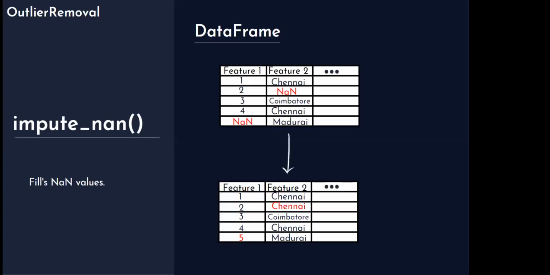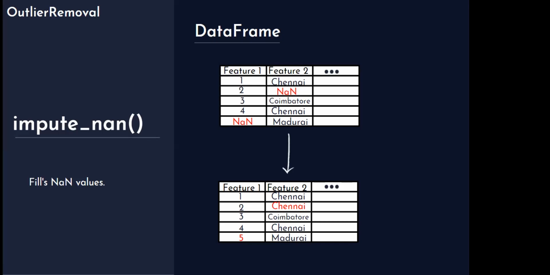Impute NA. This method is used to fill the missing values in the dataset. If the variable is continuous, then we will use iterative imputer. As feature 1 is a continuous variable, we use iterative imputer to fill the NaN values in it. And if the feature is categorical, we use simple imputer to fill the value. And iterative imputer works just like a regression model.